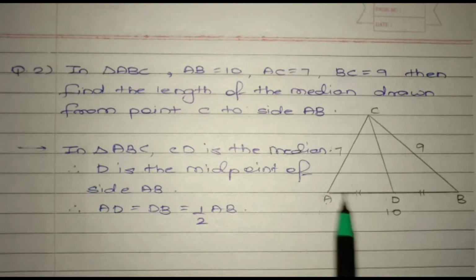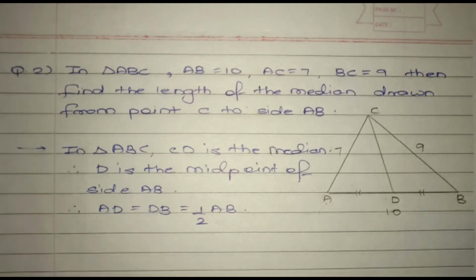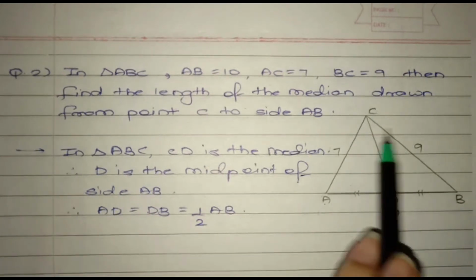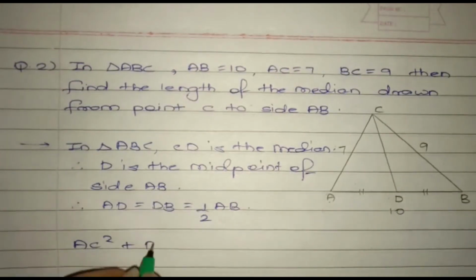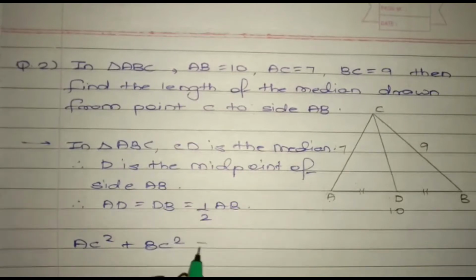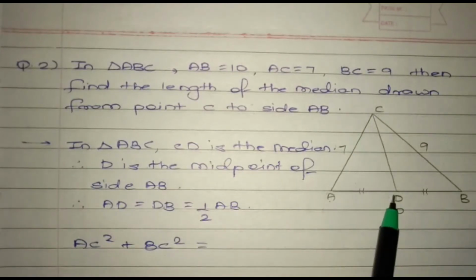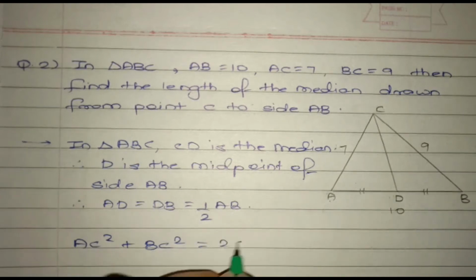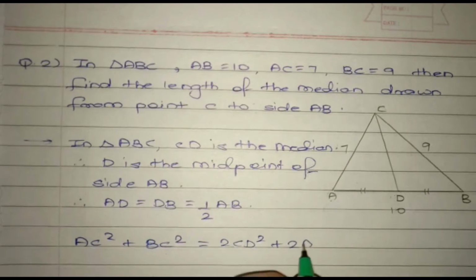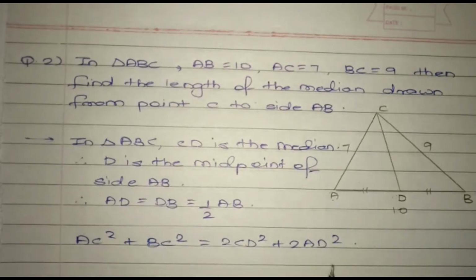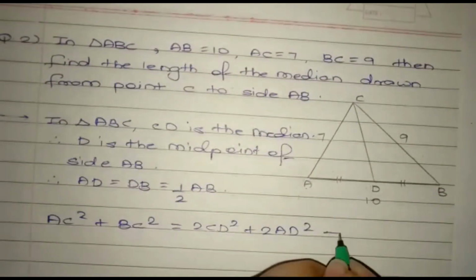Now using Apollonius theorem, we will get AC square plus BC square is equal to twice CD square plus twice AD square.